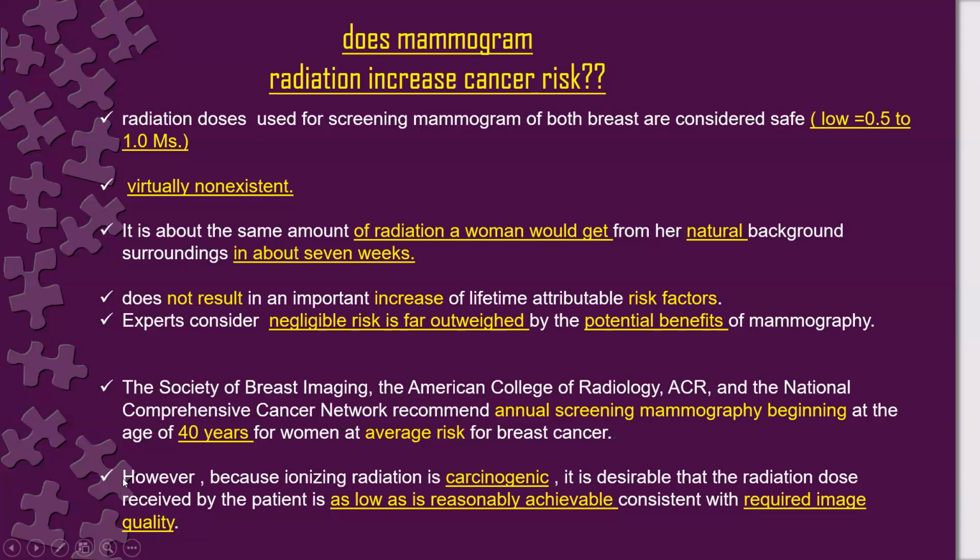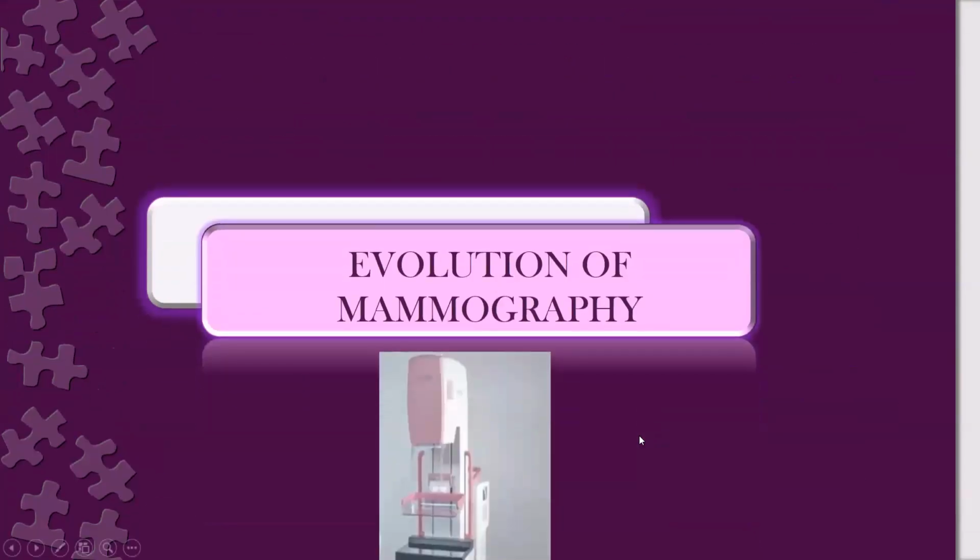So in the end we have to commit, we should not repeat the image and do a lot of mammography images for the patients, or do unnecessary imaging within less than 6 months, or repeat the image unnecessarily. We have to follow the regulations and we have to follow the guidelines.